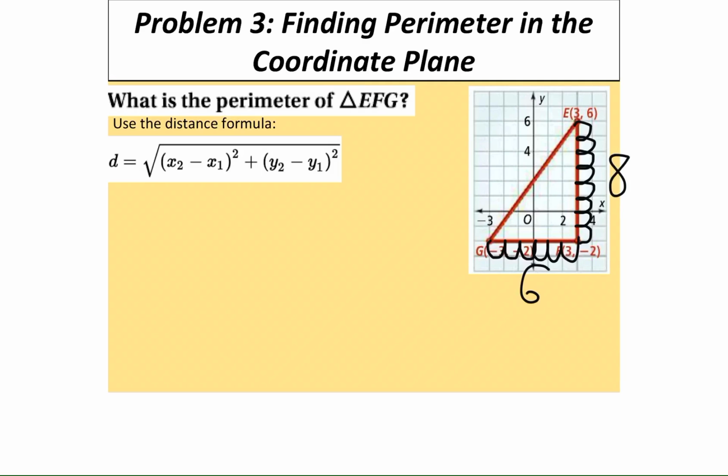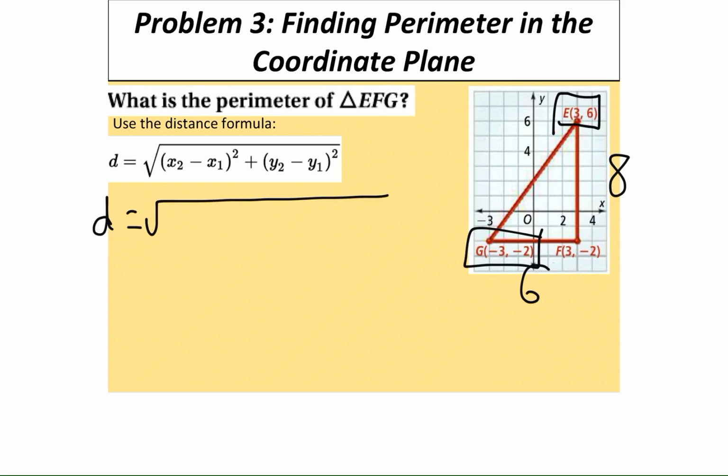And we can use the distance formula to find the length of EG. All right. So E is at 3, 6. G is at -3, -2. So I'm going to use E as my x1, y1 values, and G as my x2, y2 values.